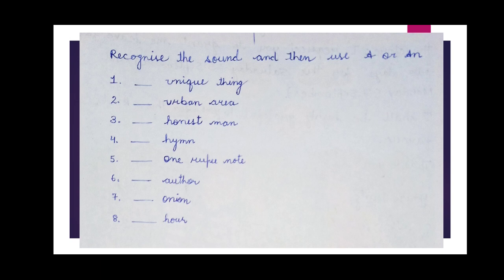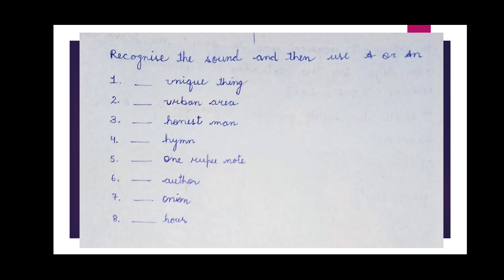The next is urban. So just think what would come with urban. Number 3, honest. So here H is silent. We would read it honest. Number 4, hymn. Hymn means a religious song. So just think what would come here, a or an.